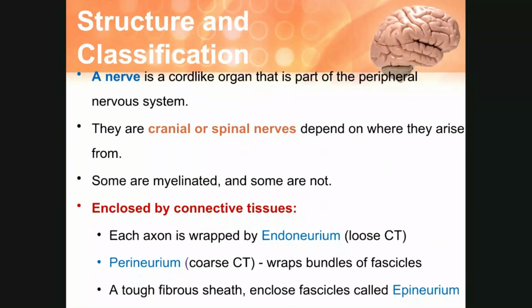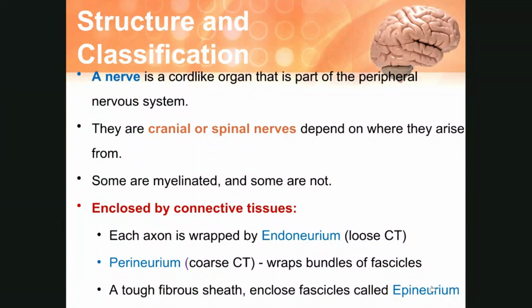The difference between myelinated and non-myelinated: an axon, that is a nerve fiber, covered by a myelin sheath is called a myelinated nerve fiber. An axon not covered by a myelin sheath is called a non-myelinated nerve fiber. Most of the nerves in the body are myelinated nerve fibers.